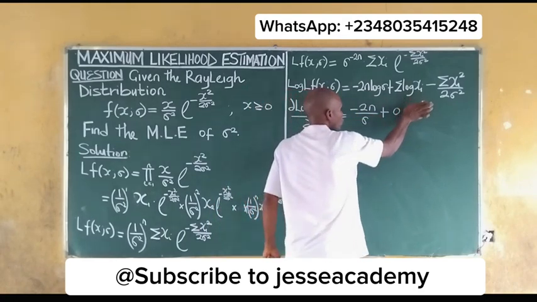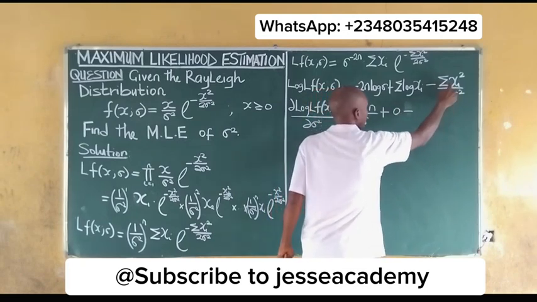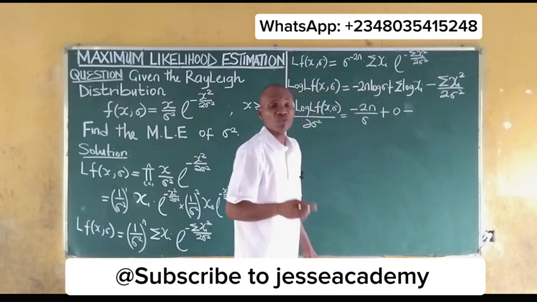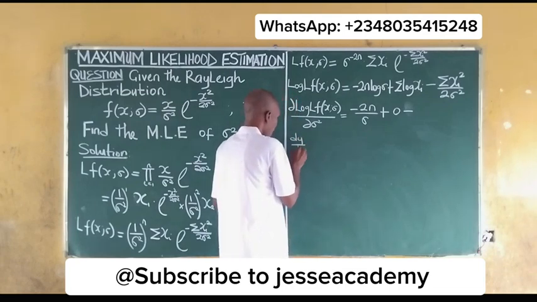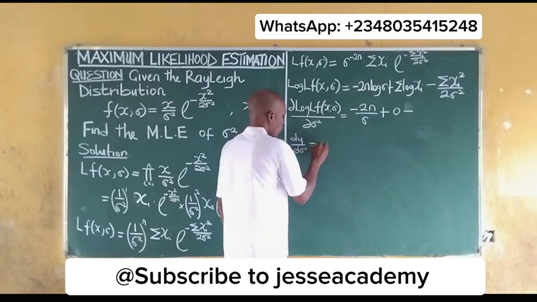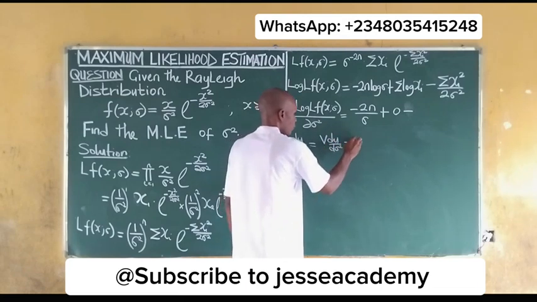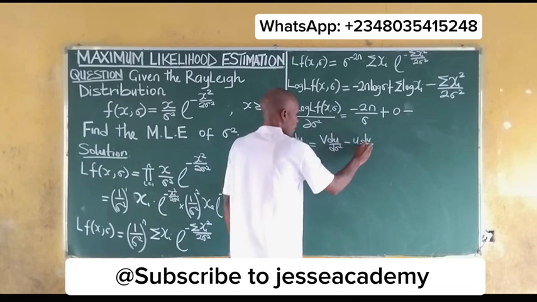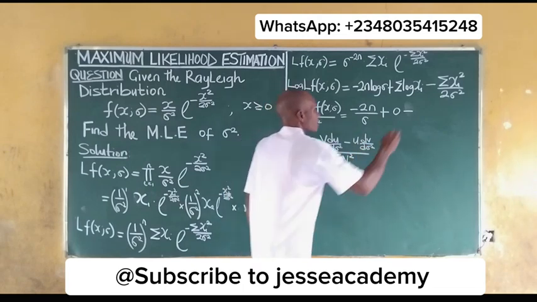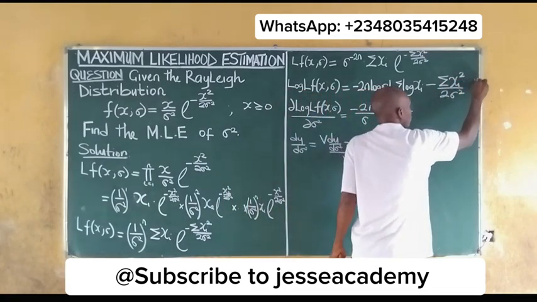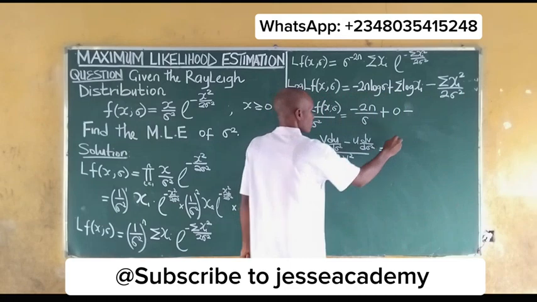Now, the next thing to do is to take the derivative of this last term. For this, we use the quotient rule of differentiation, which states that dy over d sigma is equal to v du over d sigma minus u dv over d sigma, all over v squared. So we take u as summation of xi squared and v as 2 sigma squared.